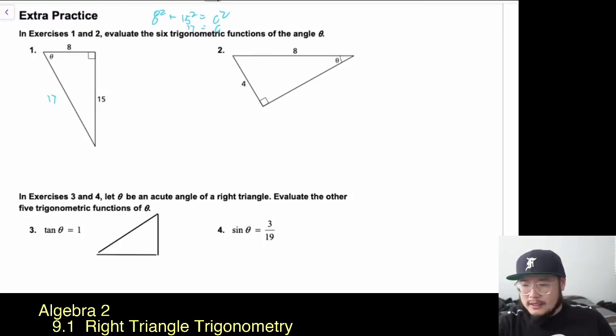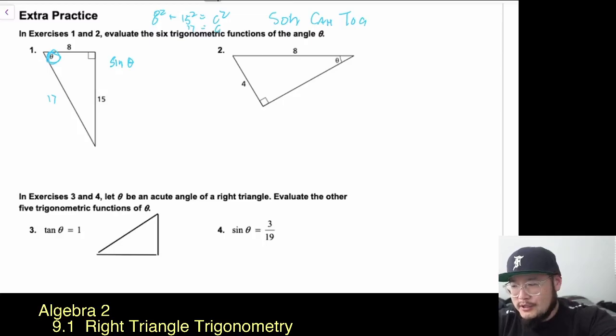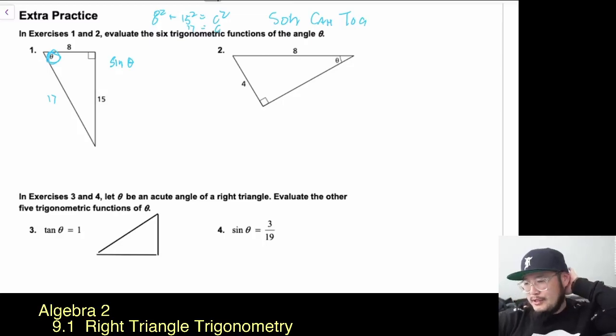Sine theta. We have theta over here, and sine is, remember, SOHCAHTOA. I always like writing it down so I can refer back to it in case you happen to forget something. Sine is opposite over hypotenuse. The opposite is 15 and the hypotenuse is 17.